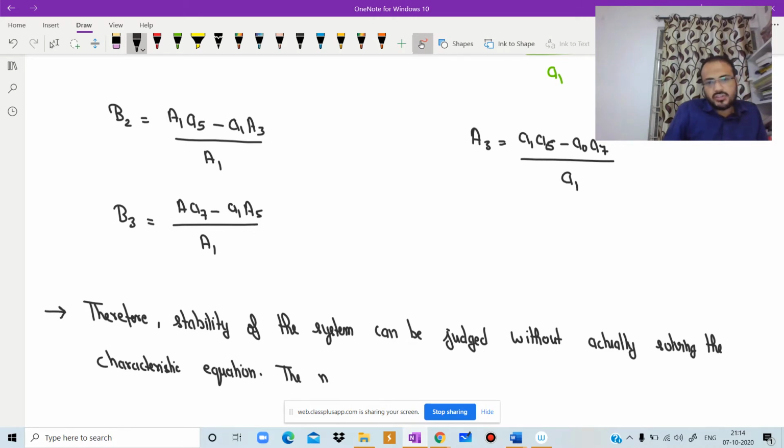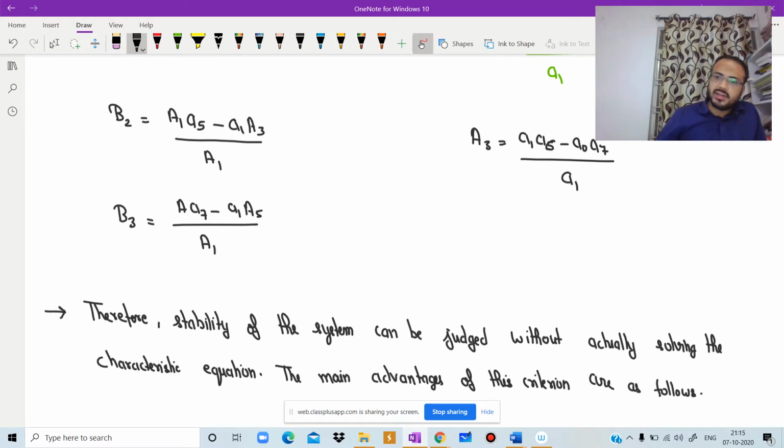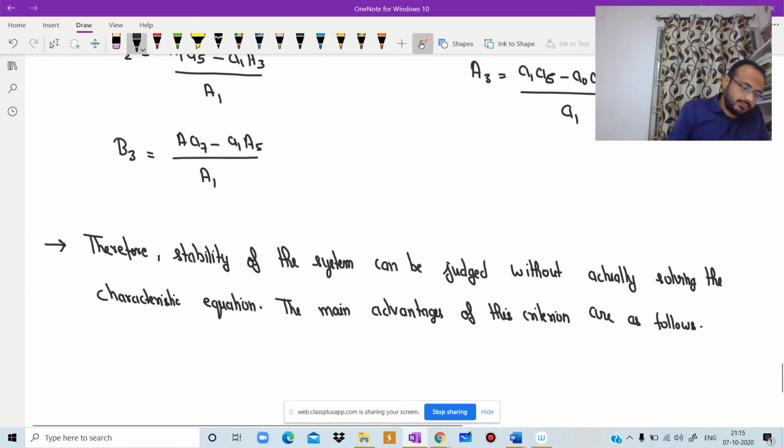So the main advantages of this criteria are as follows. First one is range of k.